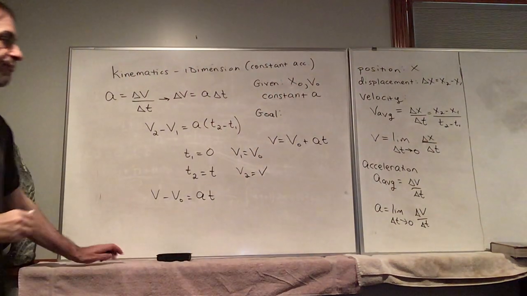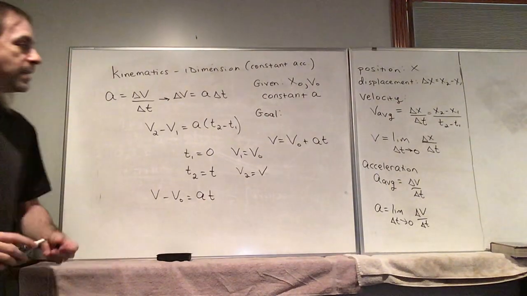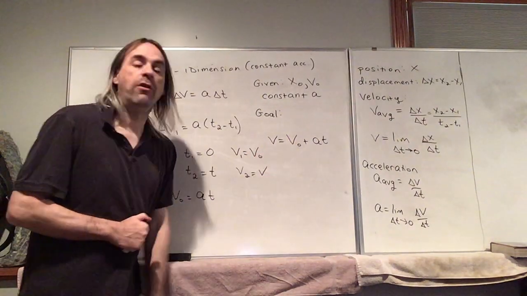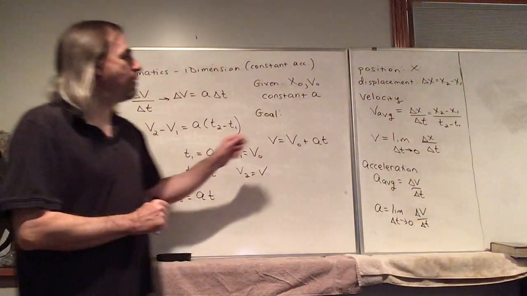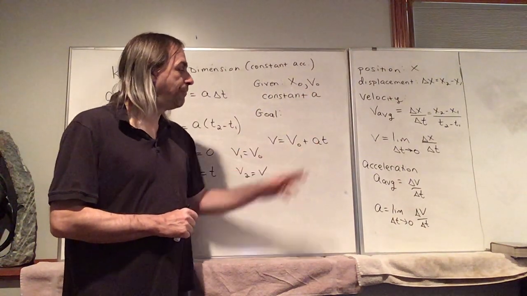Okay. So here we are: v equals v naught plus at. We move this term to the other side, and now we're done. We have the velocity as a function of time. Because remember, we were given the initial velocity and the acceleration.